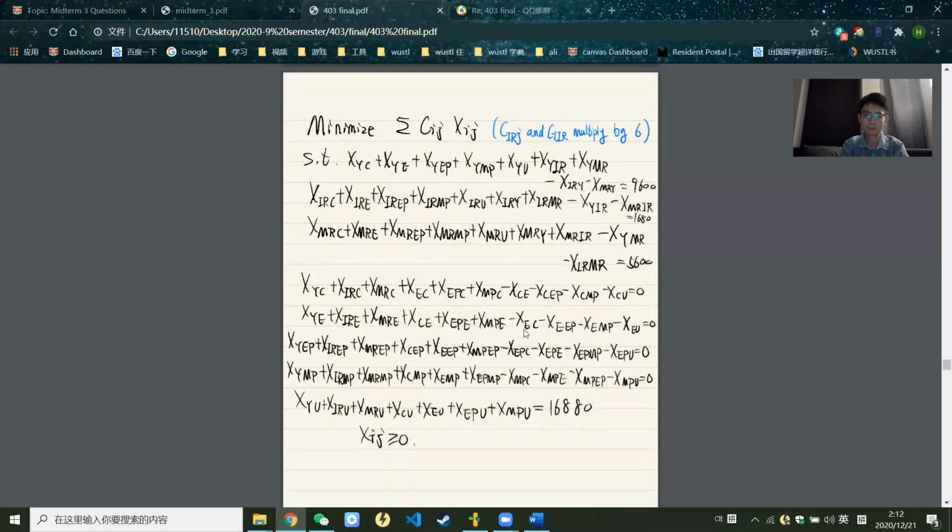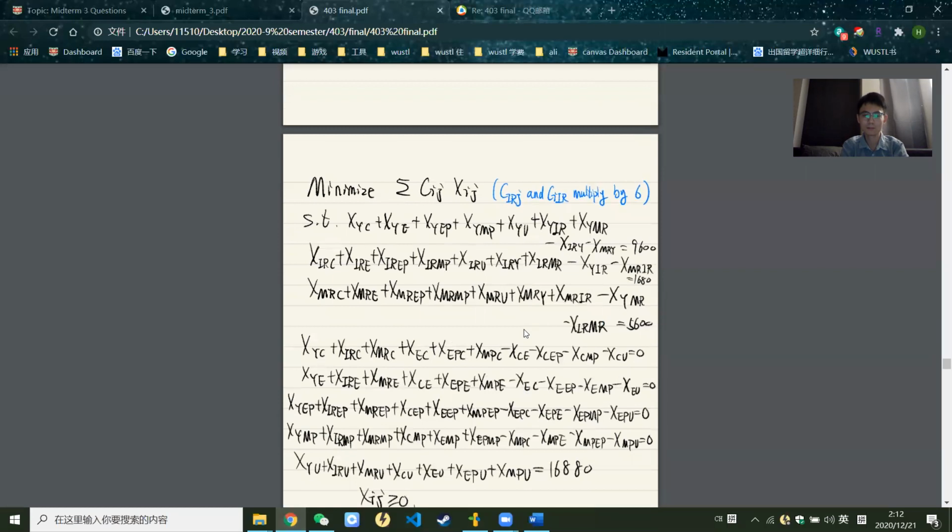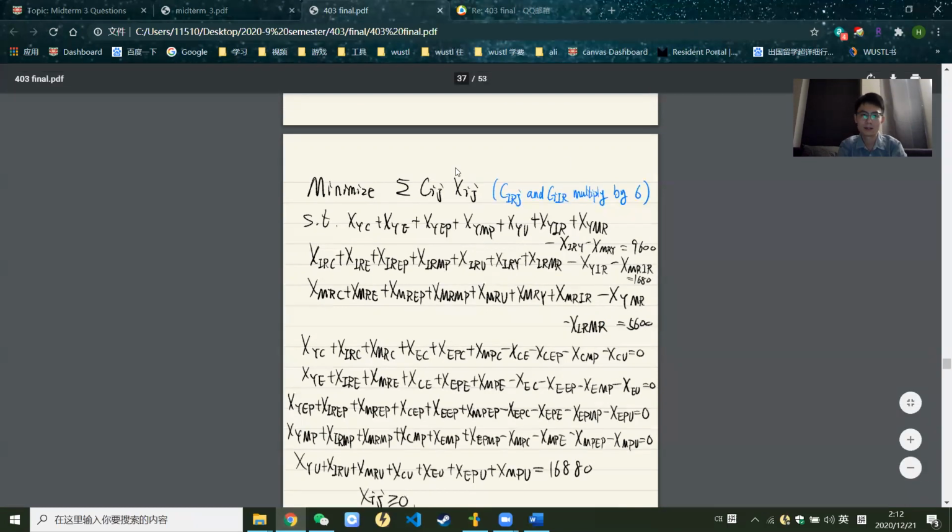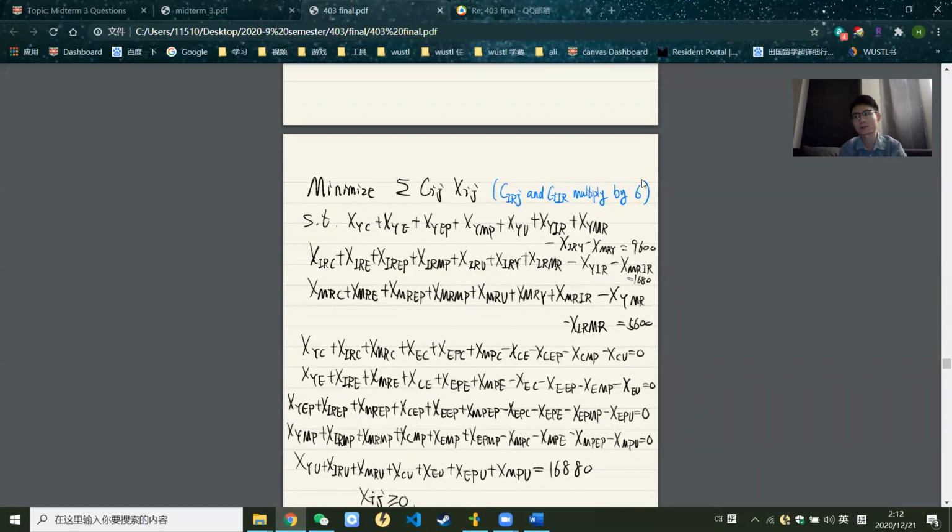And for problem D, it changes the transaction cost from and to Indonesia by increasing it by 500%, which means multiplying it by 6.